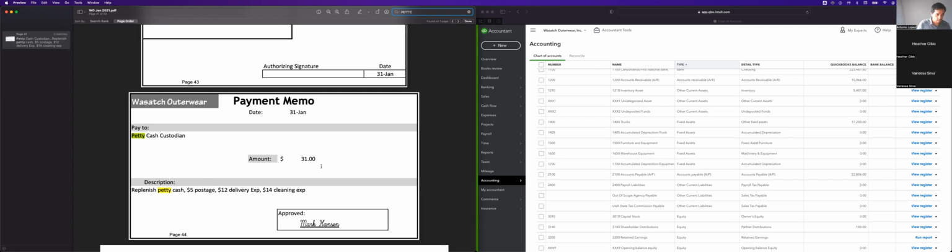So let's say there's $50 in the petty cash, but we go in there and we see there's only $19 in there, and then we see $31 worth of receipts. So we say to ourselves, okay, we need to replenish this petty cash amount. So we're going to go to the bank, get $31 out of the bank.